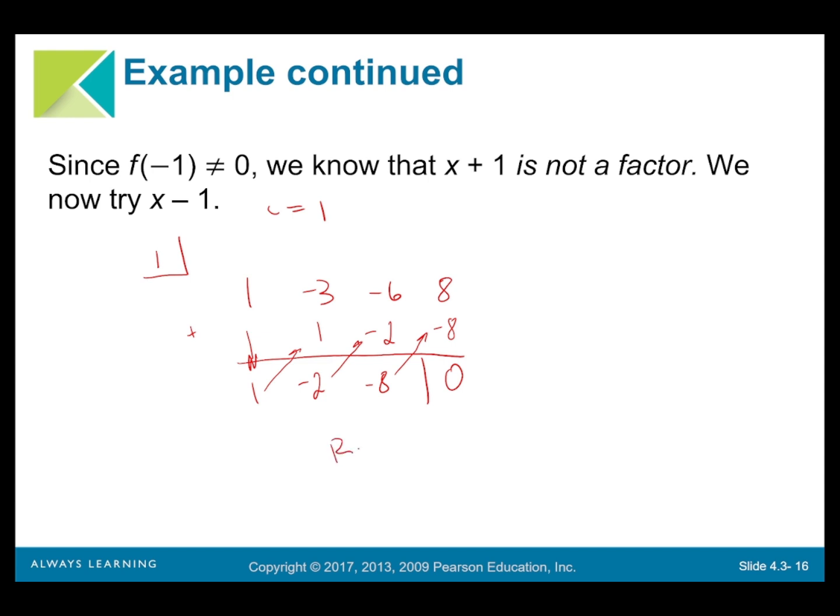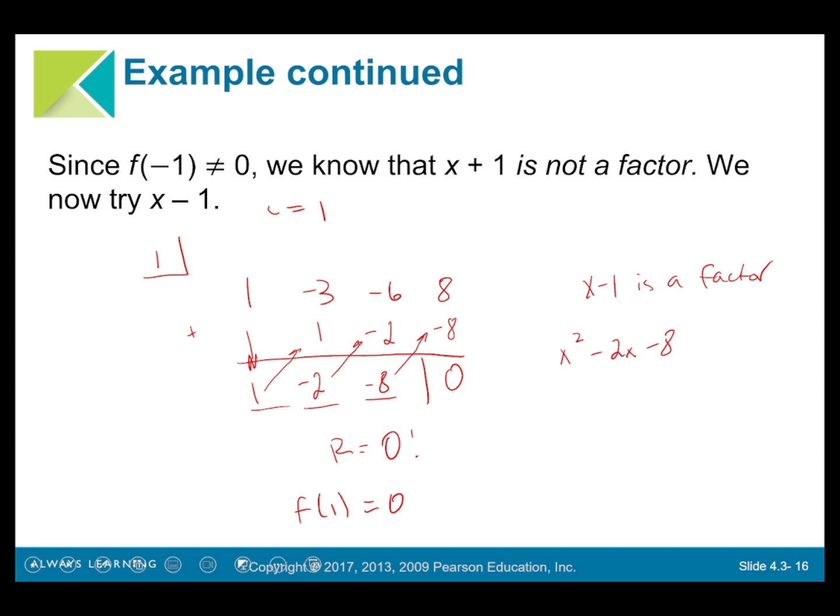So here we got remainder equal to 0. That means that f of 1 equals 0, which is fantastic. We found one of our zeros. That means x minus 1 is a factor. And we also know from this algorithm that the other factor is x squared minus 2x minus 8, from right over here.